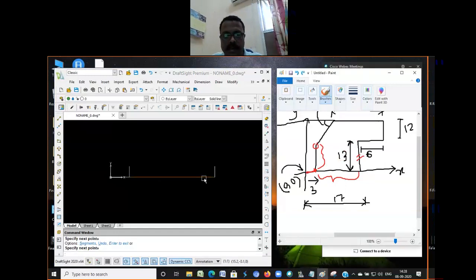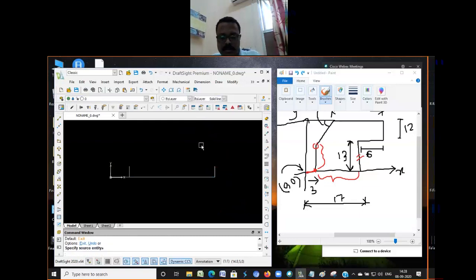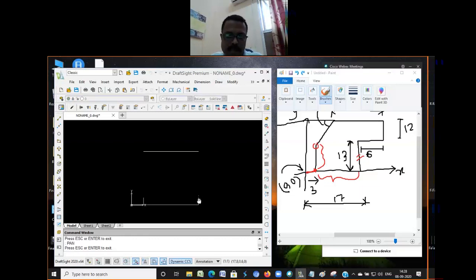So that means I can offset this line 13 millimeter that side. Again, offset 13. Which line? This one. Which direction? This direction. Okay. So this line should meet up to here.